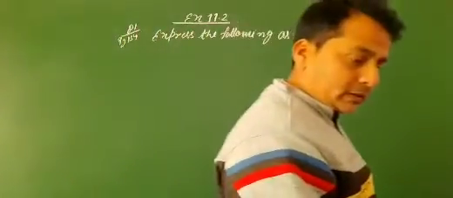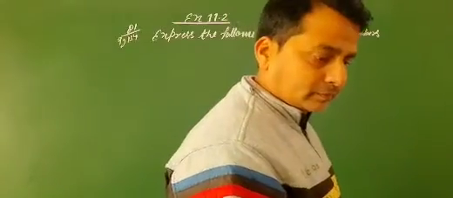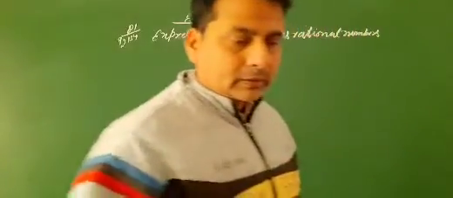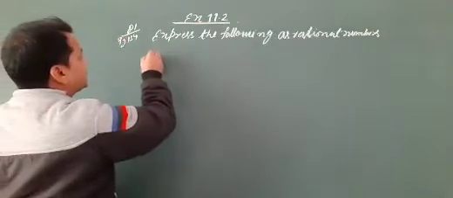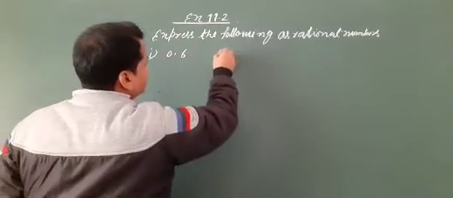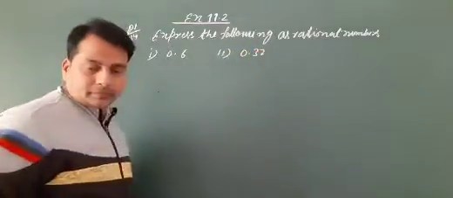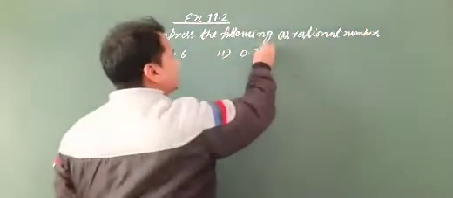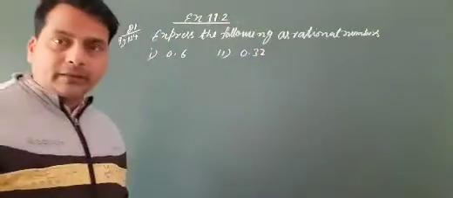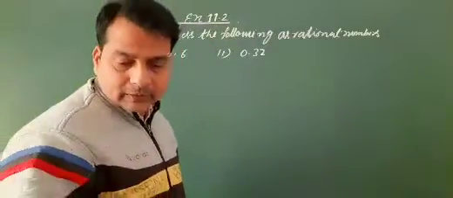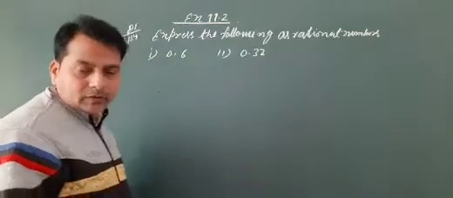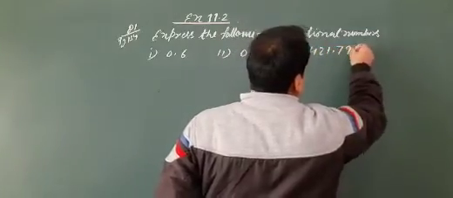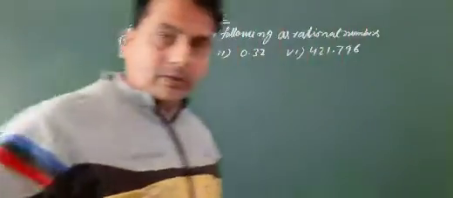The first is 0.6, the second is 0.32, and the next question, question number 6, is 421.796.